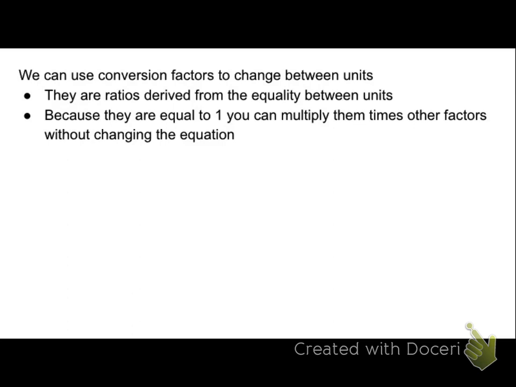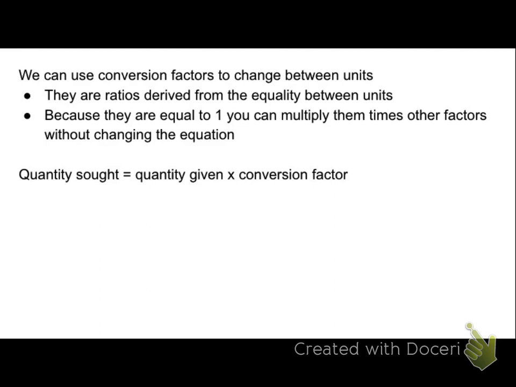Because they are equal to 1, you can multiply them times other factors without changing your equation in any way. You're going to use the quantity sought is equal to your quantity given times your conversion factor. And that's going to get you to the correct units that you want.